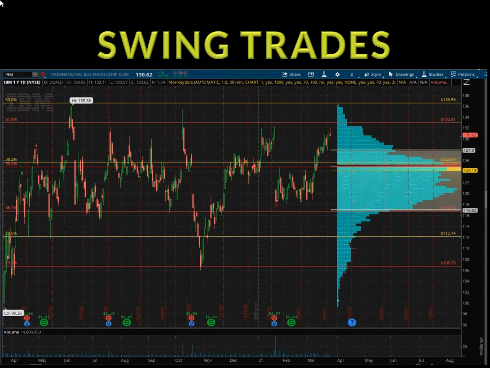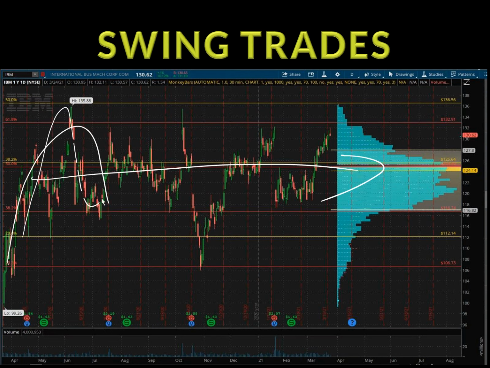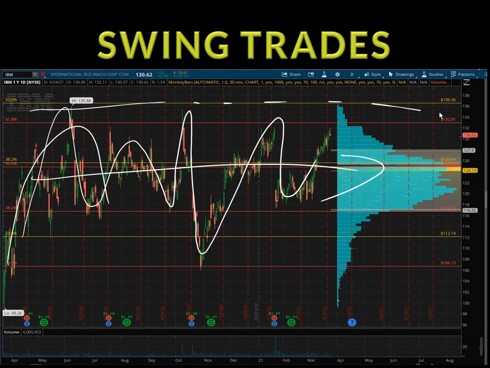So if we were just to use an example like this, we can see that the overall trend is sideways here. We can see that there is a pattern within here, right? And we can find the resistance areas and the support area, right? That's ultimately what we're looking for: identify that overall trend, find those support and resistances, and then identify that pattern, okay?